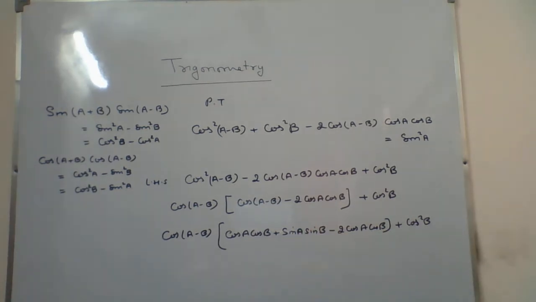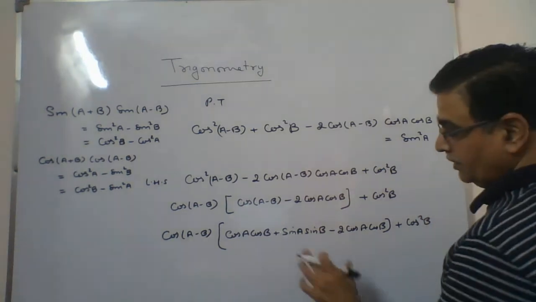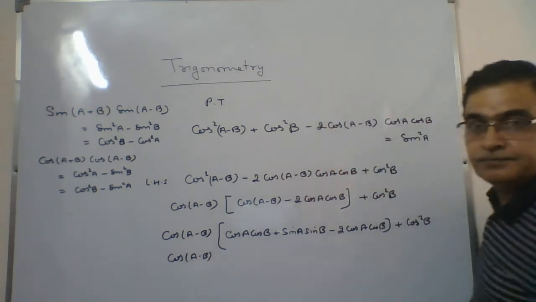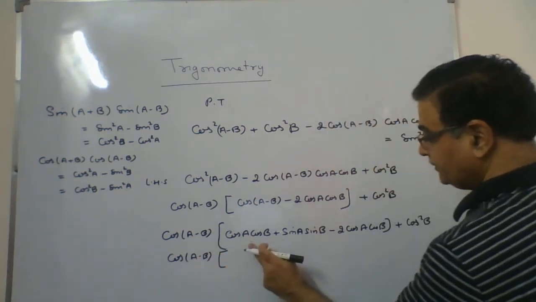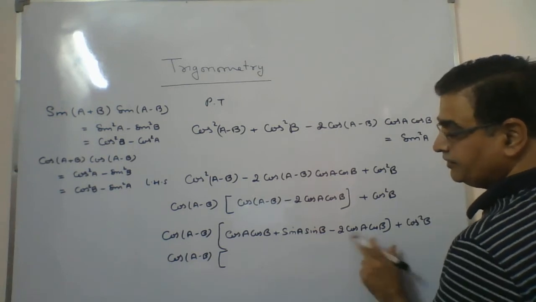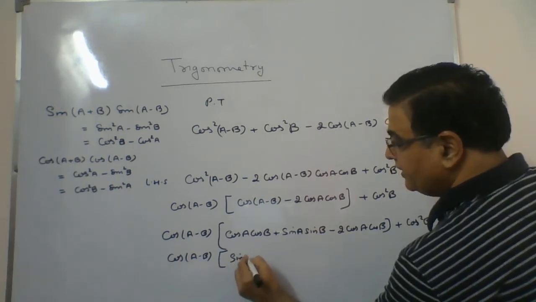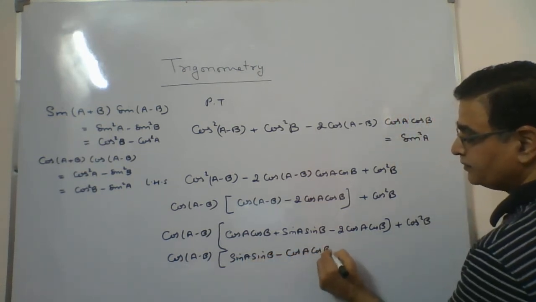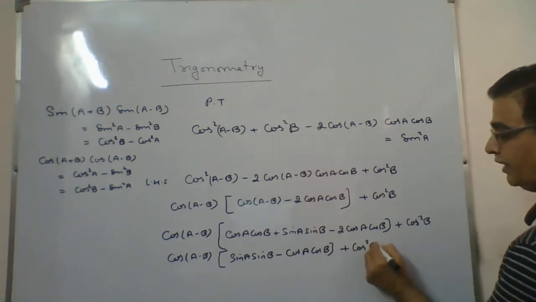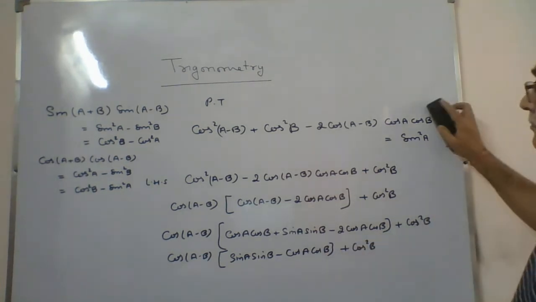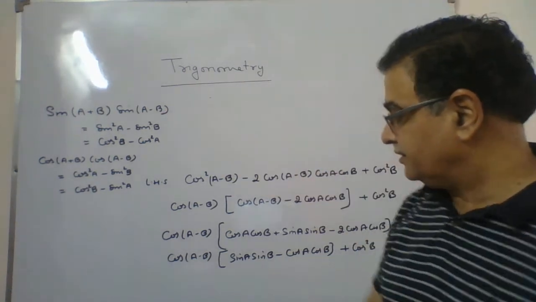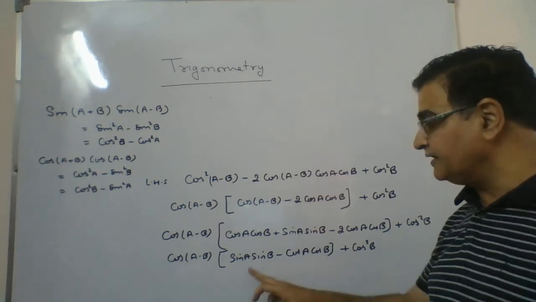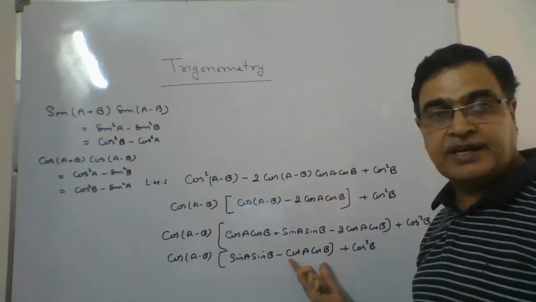So cos(A − B) times [cos A cos B + sin A sin B − 2 cos A cos B]. Now next step, when you solve, here it comes cos A cos B, and this is minus 2 cos A cos B, so left is minus cos A cos B. So left is sin A sin B − cos A cos B, and then plus cos²B. Now when you solve it further, there is a formula of cos A cos B − sin A sin B, but the problem is cos A cos B is coming second and sin A sin B is coming first.